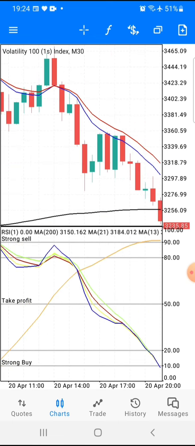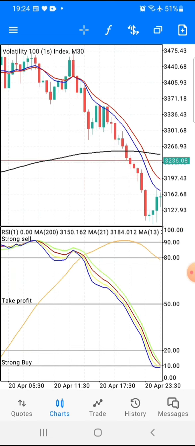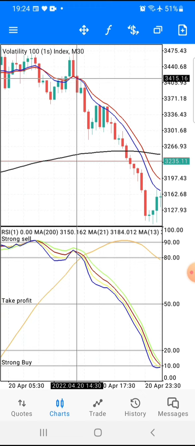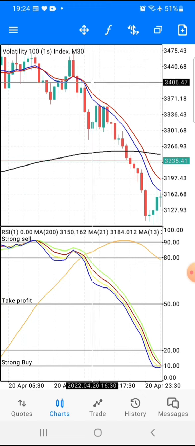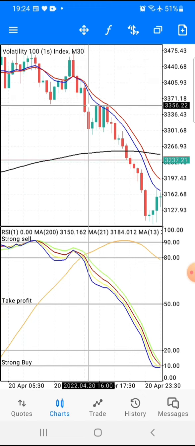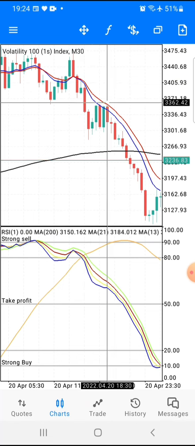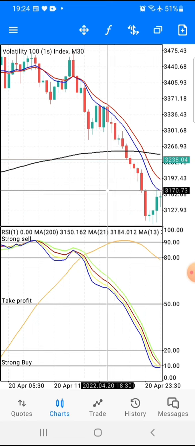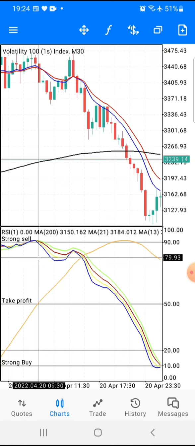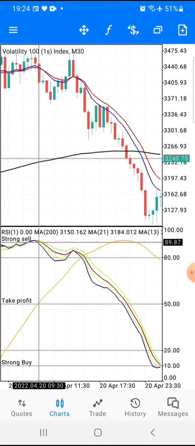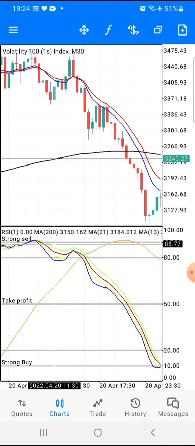If you come close here, you can see the blue line crossing the red line. The blue line went under the red line. The red line went on top. And coming here, you can see these lines are touching the strong sell at the other side.